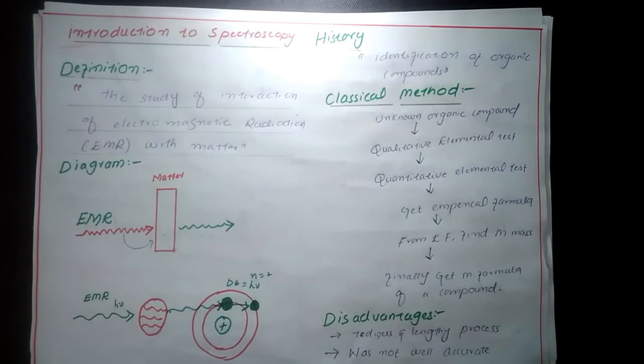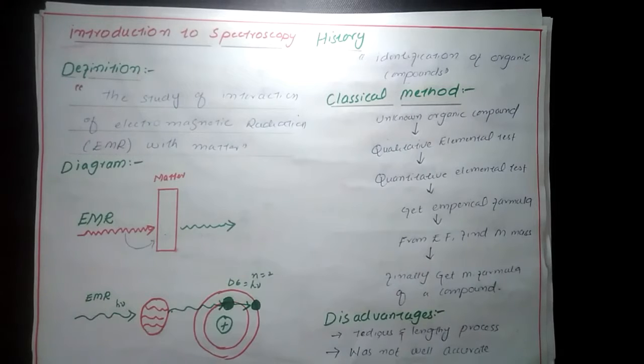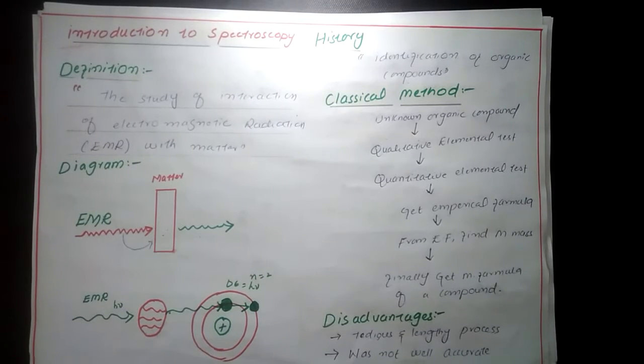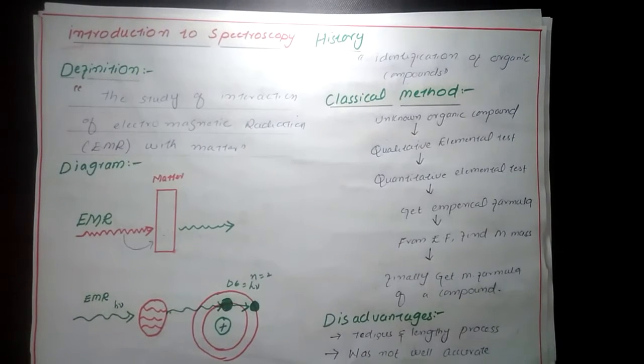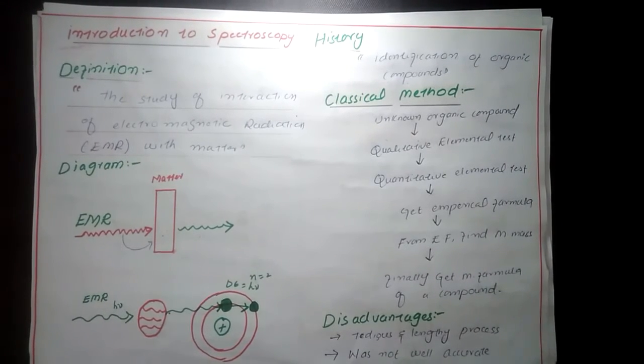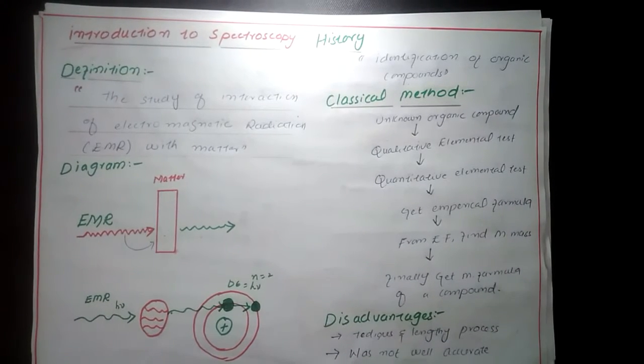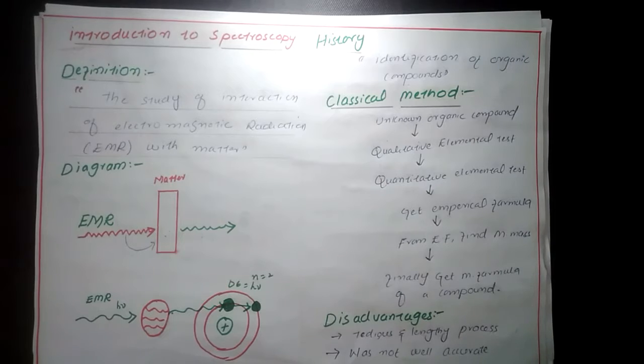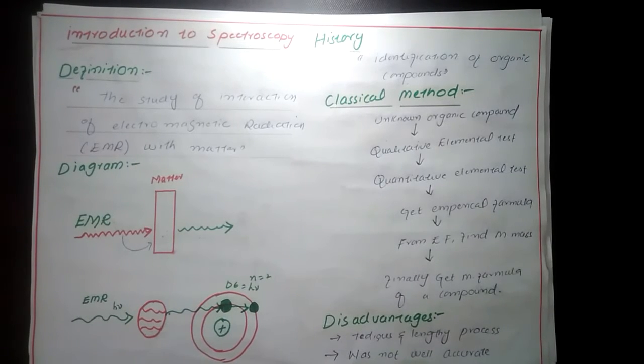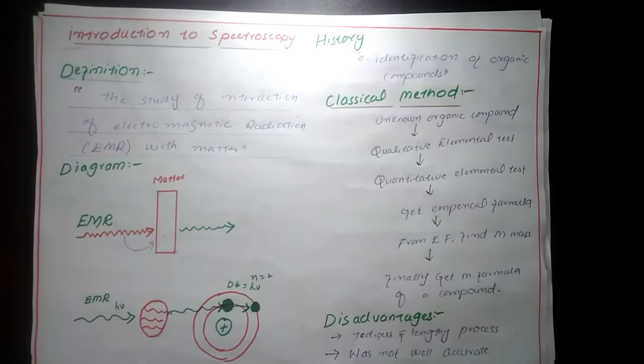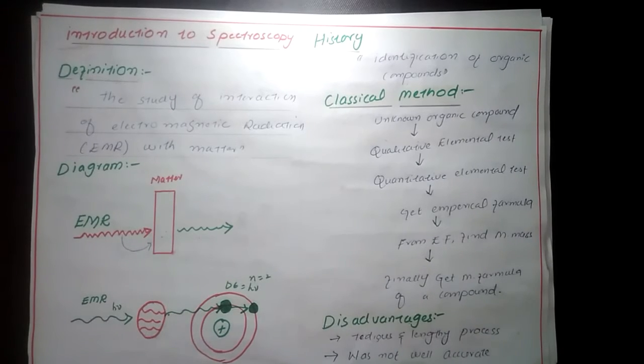After knowing what type of element is present, we had to find how much of that element is present in that compound. So we had to do another test, the quantitative elemental test, right? In there we would get how much of each element is present, for example, if we have nitrogen, how much of it is present in here.